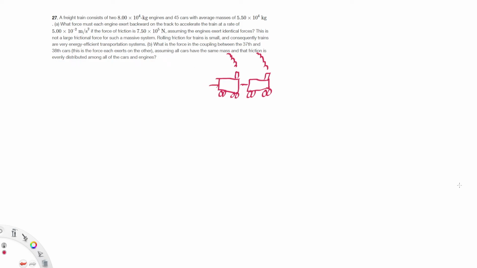And we're not going to draw all the cars. That seems like a lot. But I will draw the first one, and then we'll do some dot dot dots. And then this will be car 37, car 38, dot dot dot, car 45.